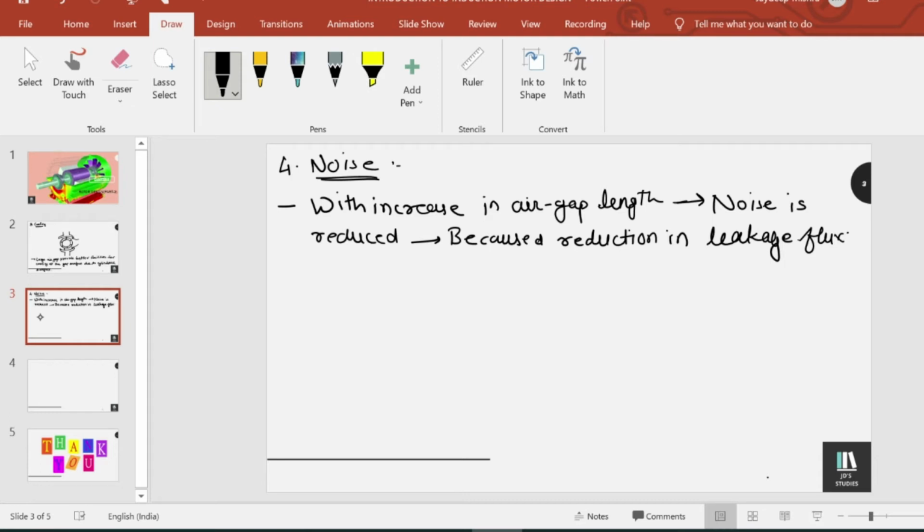Now some advantages and some disadvantages of selecting the larger air gap length. So what are the advantages and what are the disadvantages?